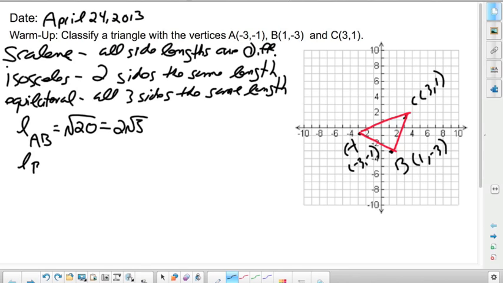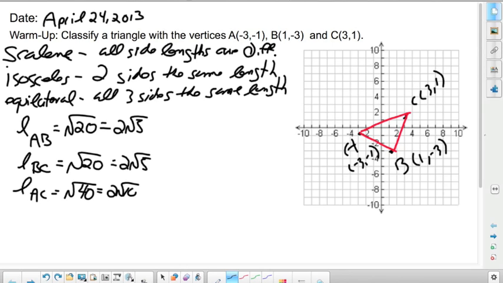The length of BC is also the square root of 20. And the length of AC is the square root of 40, or the same as 2 root 10. Okay? I don't have time to go through it, but it's just plugging in that formula 3 times.